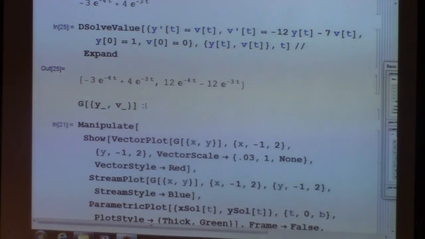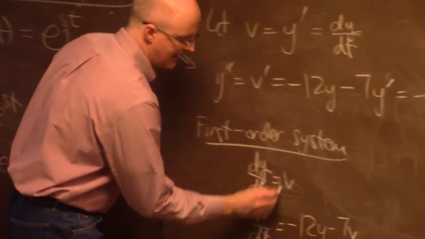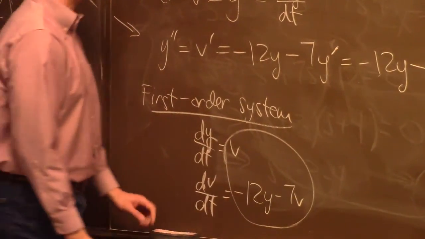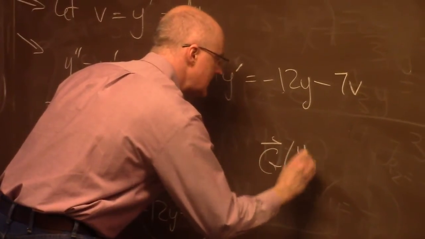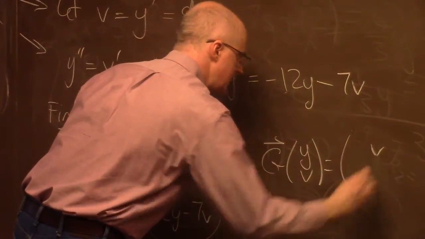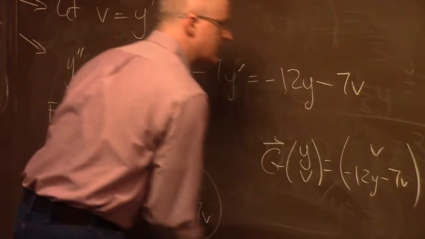I'm defining the vector field. What is the vector field? It comes from the right-hand sides of the differential equation. Those right-hand sides I can represent as a vector field. G of (y, v) equals v for the first component, negative 12y minus 7v for the second component.